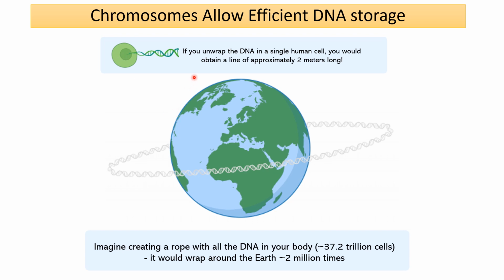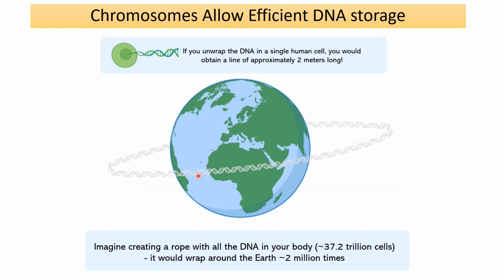So if we imagine that we took the DNA from all the cells within a single human being, and in every human there are approximately 37 trillion cells, and if we extracted that DNA and made it into a line or a rope, that rope would wrap around the Earth 2 million times.